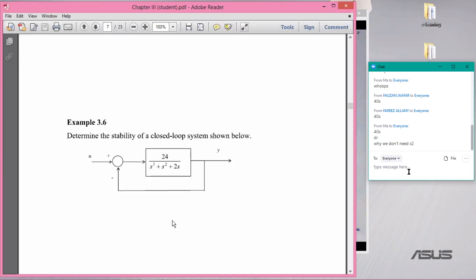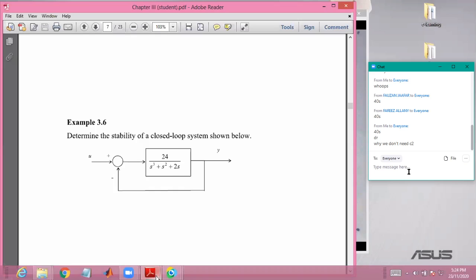You say, okay, this is easy, I can do this, all you have to do is fill in the Routh table using the coefficients of the polynomial. Suddenly you fill in with just the denominator of that quotient. That's not right. You need to obtain the characteristic equation, and only then can you build your Routh table.